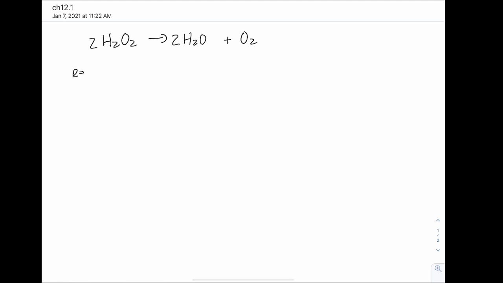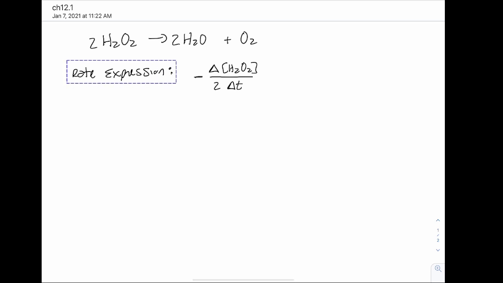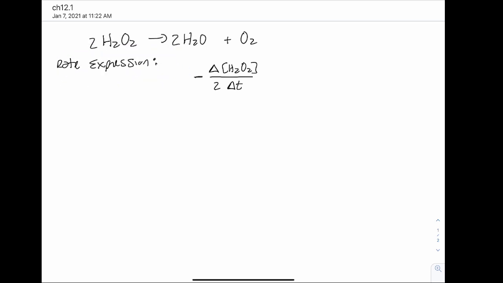Our rate expression had us writing my change in concentration for hydrogen peroxide over my change in time. And then because I have a coefficient of 2, we would put that underneath. I have a negative sign because it's disappearing, and then we would set that equal to our rate, which I didn't leave room for.